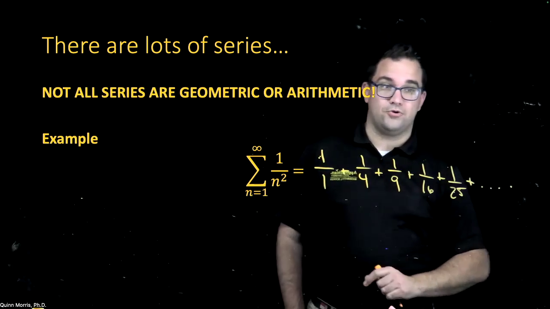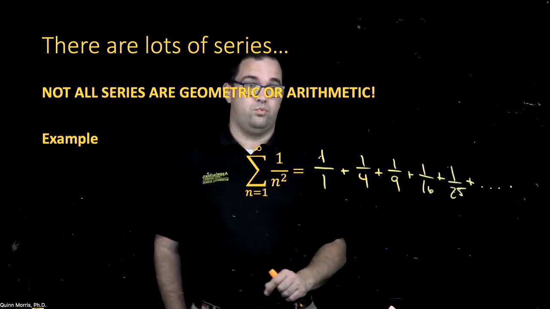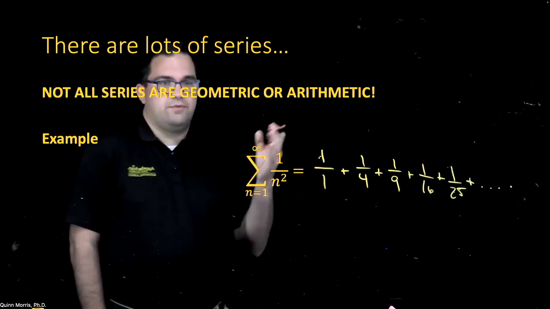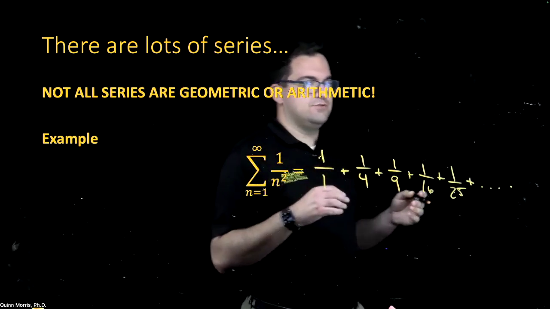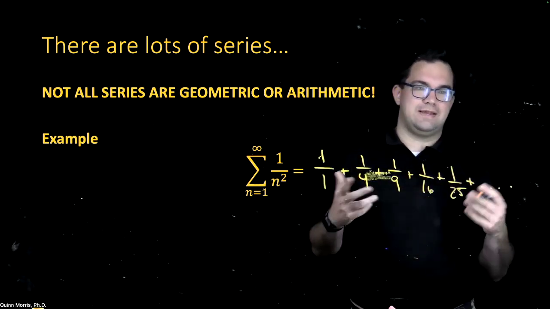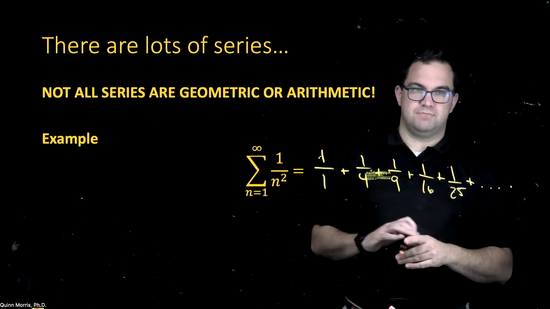It's really a lot harder to understand what ought to be happening here. The trick we played with geometric series, where we took a partial sum and multiplied, is not really going to work here. We're not going to get that same sort of cancellation.